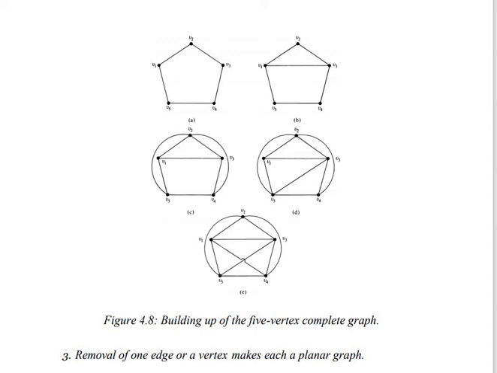But in the last step, the subdivision E, the graph becomes non-planar by the addition of the last edge. That is why, in K5, if we remove one edge or one vertex, you will get a planar graph.